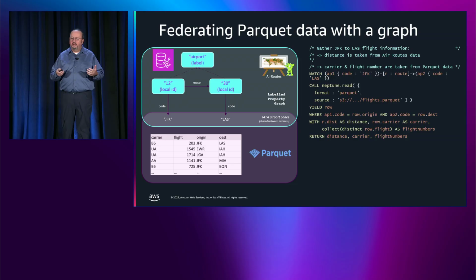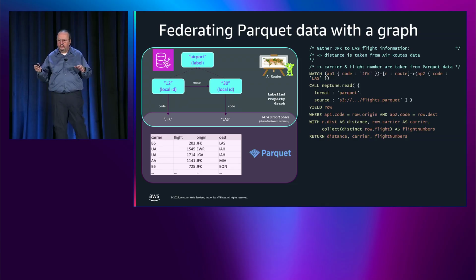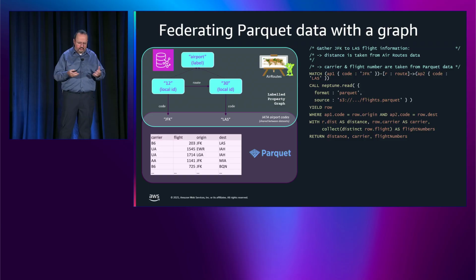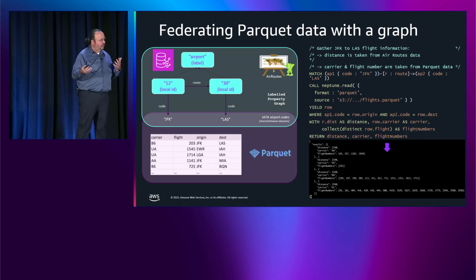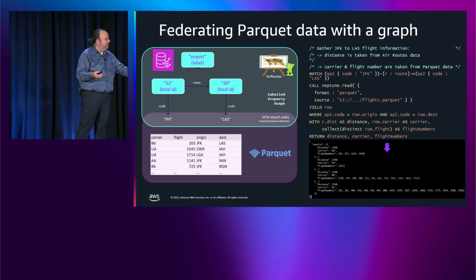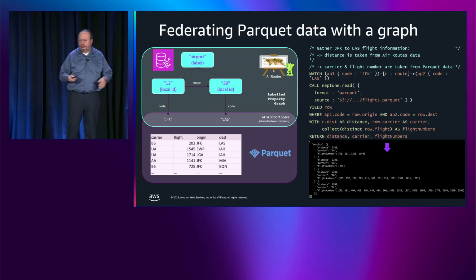If they match, you want to collect the carrier information and all of the flight numbers, but you want to combine all of those flight numbers as a set, basically. You can use the collect intrinsic for that, and you can return the results. And you'll get an output something like this. Okay? So we federated what we have in our graph and what we are reading from the data lake. Right?